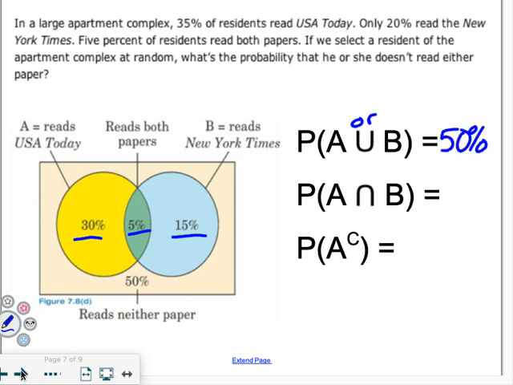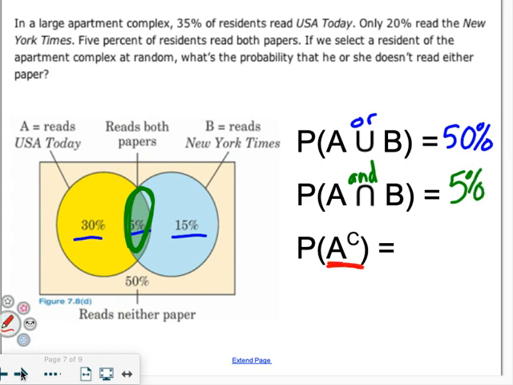When we think about probability, since it's as a percent, we're already good to go. If you really wanted to think of it, 50 over 100, but percentages, we can just write as such. So 50%. This is A and B. We're just looking for where do those intersect. This one would just be 5%.